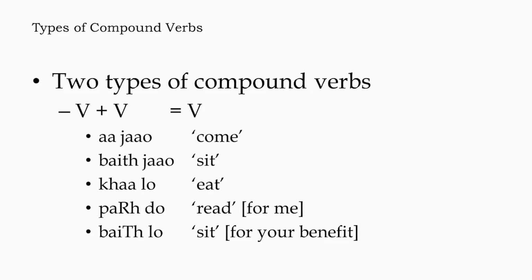These are the examples from Hindi, one of the major Indo-Aryan languages, and their English meaning is given next to them. The verb aa jao has two verbs in it, one ana and the other jana. Similarly, baith jao has two of them, baithna and jana.